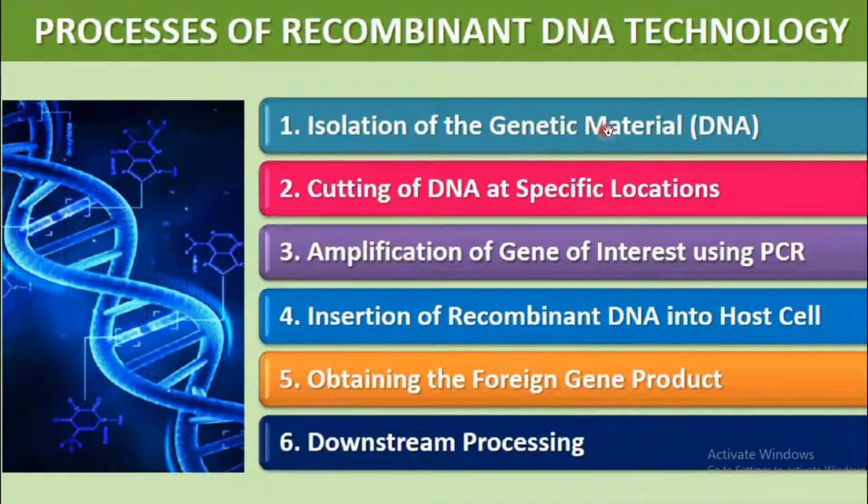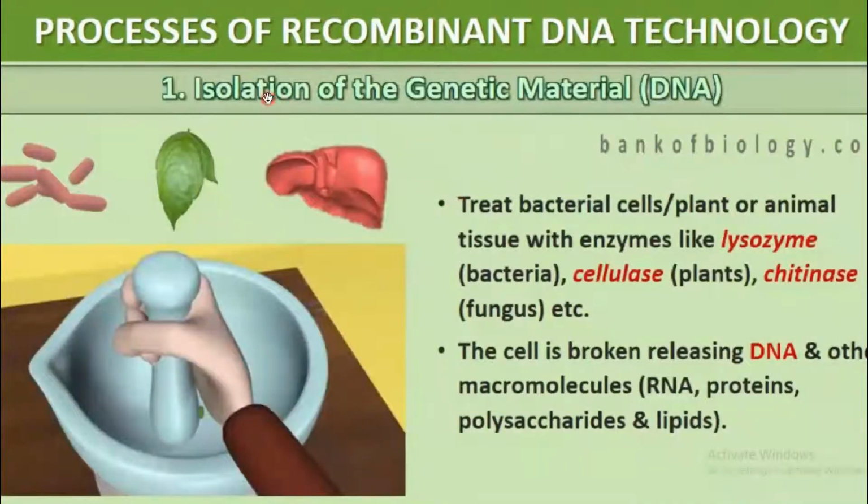So we can see isolation of the genetic material. Then how do we isolate the genetic material? That desired DNA, how do we isolate? We know that we are going to isolate a DNA from a bacteria, plant, or animal tissue, so that we have to treat this with the different enzymes.